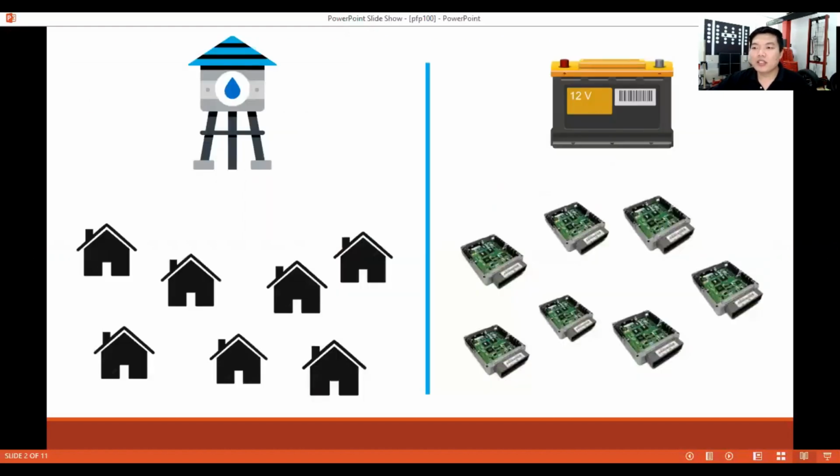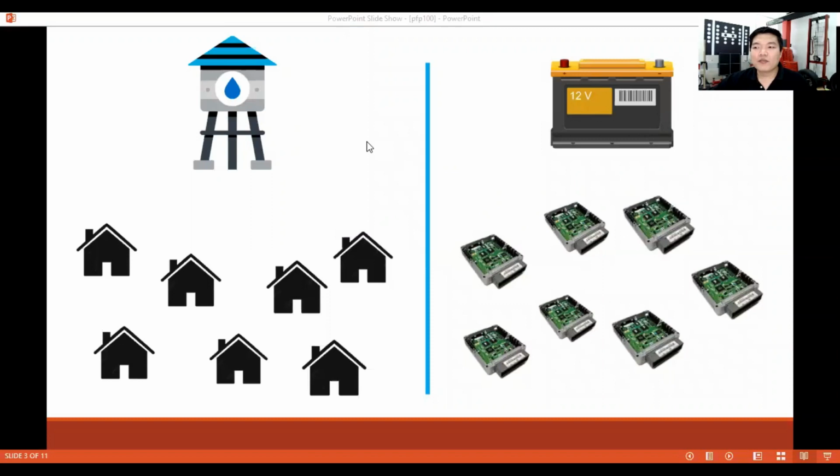Inside the battery it is also like this. Imagine how the battery supplies the flow to the control modules, because nowadays all cars talk about control modules. Imagine a water tank on the upper side that flows to each of your homes.